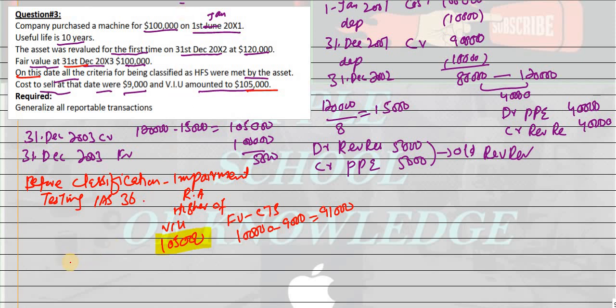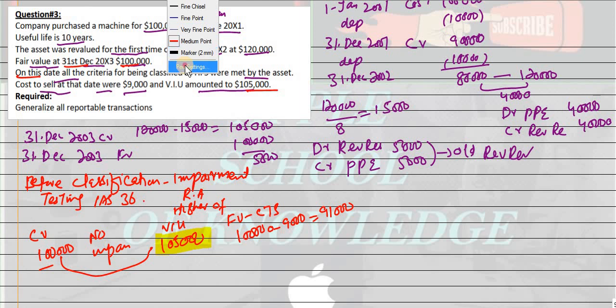Now the carrying amount on this date is 100, this one fair value, and it means that the recoverable amount is higher than this amount, so there is no impairment. Clear?